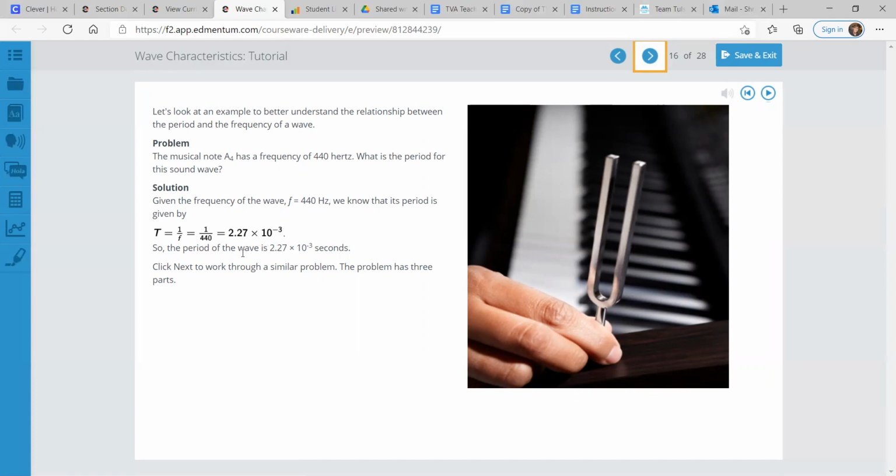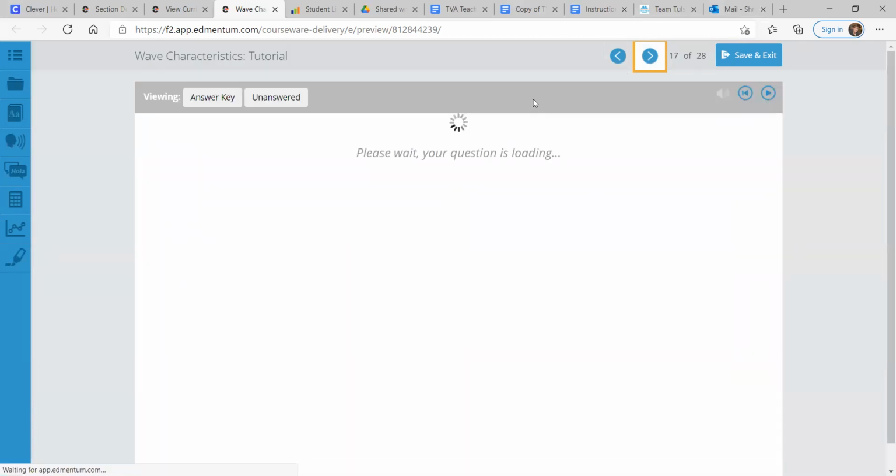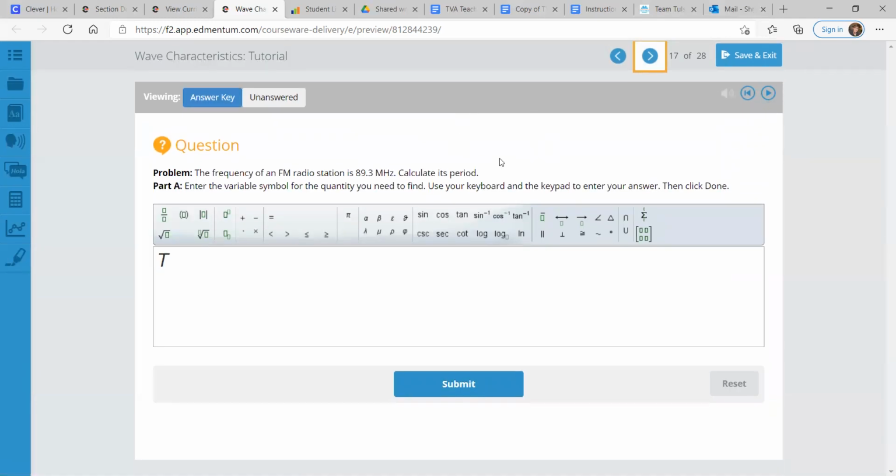So the period of the wave is 2.27 times 10 to the negative third power seconds. That's 0.000227 in another way. So it's very quick for them to do one cycle.